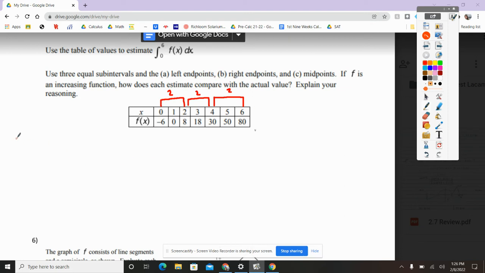So let's start with our left. That's when you start at the left of your table. So our furthest left point is going to be area is approximately -6 times the change in x is 2, plus 8 times 2, plus 30 times 2.